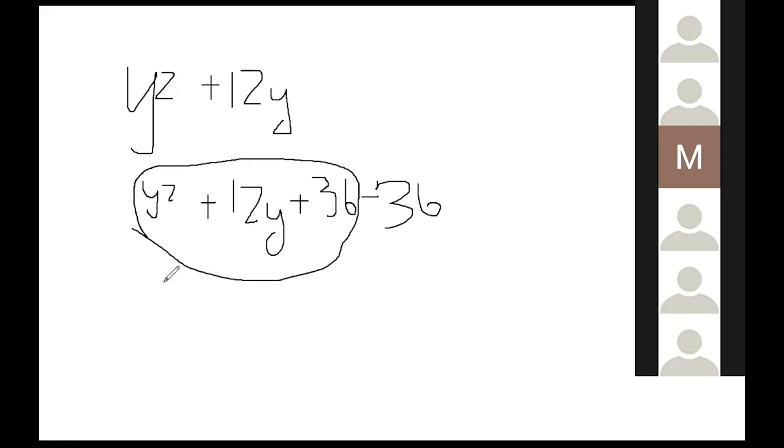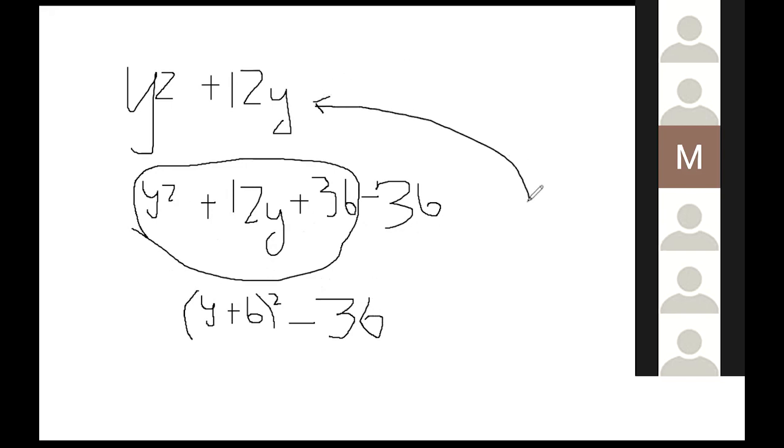Then we know that this is a perfect square, so y plus 6 squared minus 36. So this guy here equals this guy here. It's two different forms of the same equation, right?